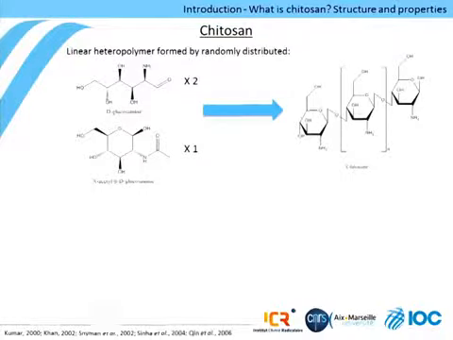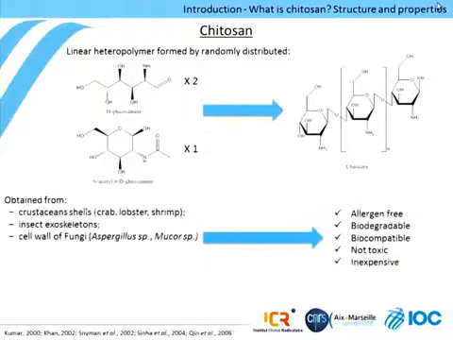The previous speaker already mentioned the fact that chitosan is a linear heteropolymer formed by randomly distributed D-glucosamine and N-acetyl beta-D-glucosamine. This is the scheme.